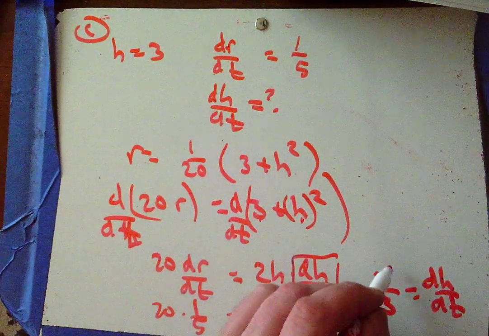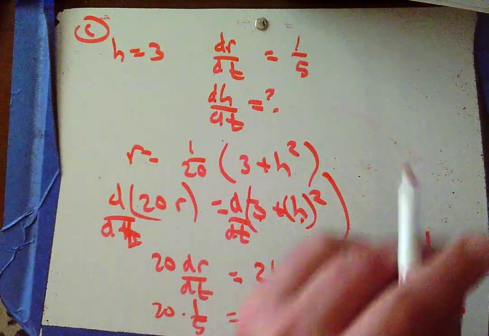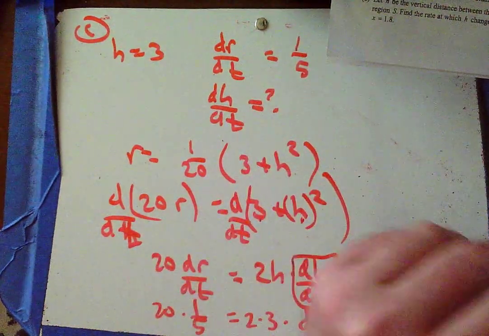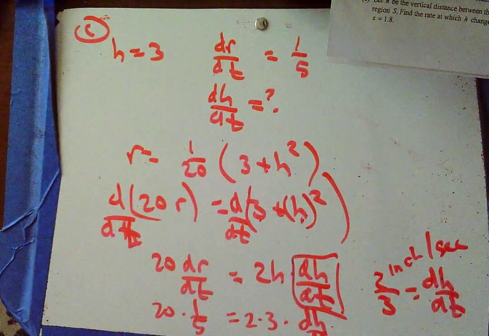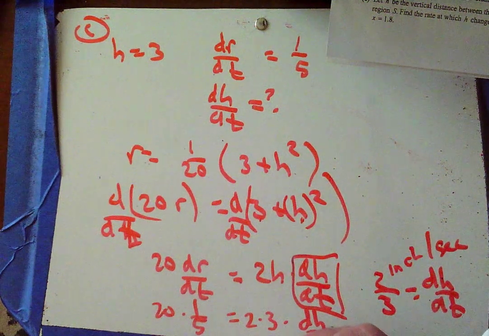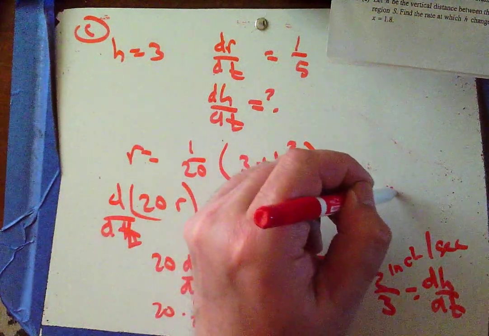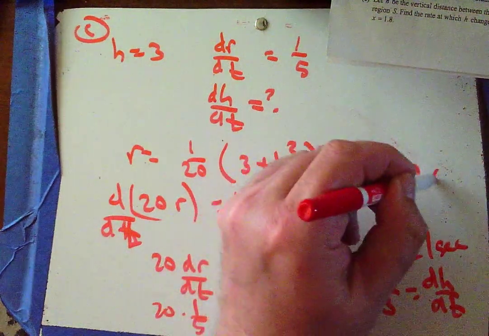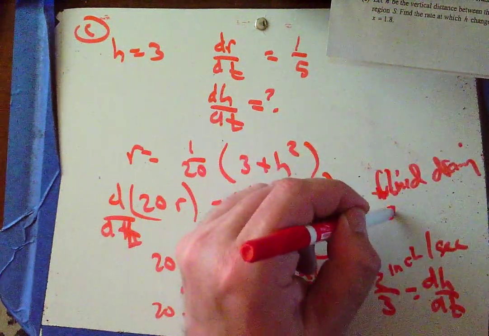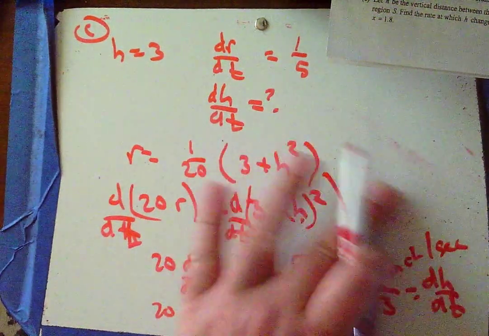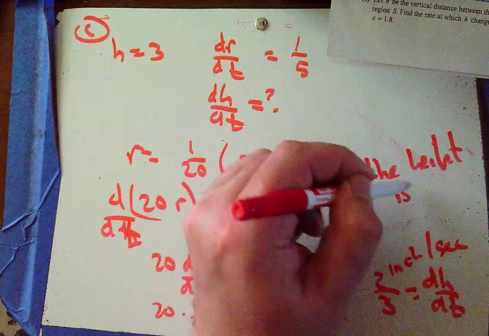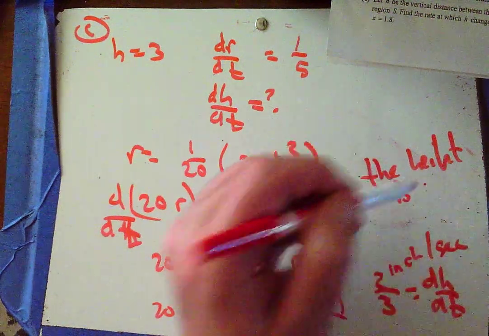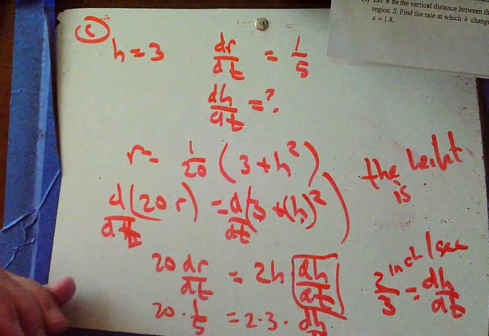And don't forget units. These are inches per second. Okay, there we go. And the water is draining out at this rate. So the height is going down because fluid's coming out.